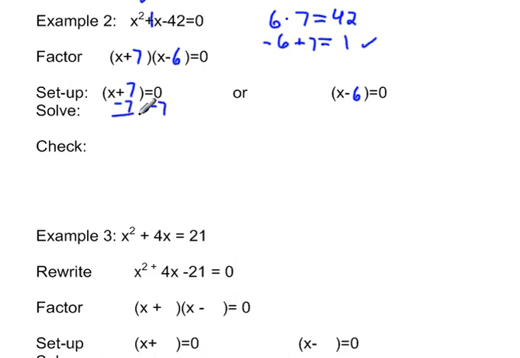I end up getting x equals negative 7. Or I'm going to add 6 to both sides to solve for x. So x equals 6.